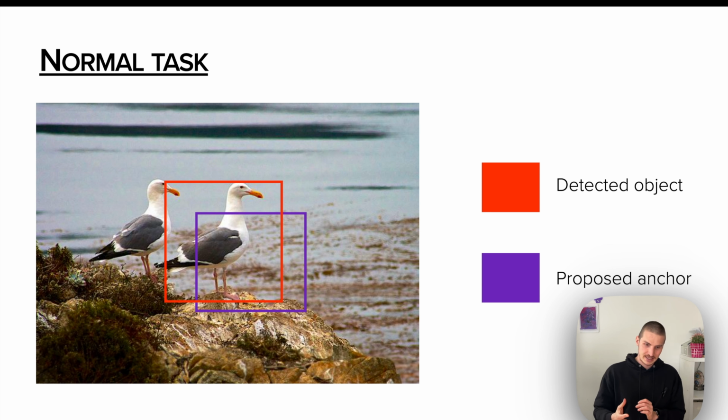So in the normal task, you would start with a proposed anchor. Here it's in purple, which might match the object, but probably not completely, because the anchor does not depend on the actual image. And then you are tasked with taking this anchor and updating the prediction to actually match the object.